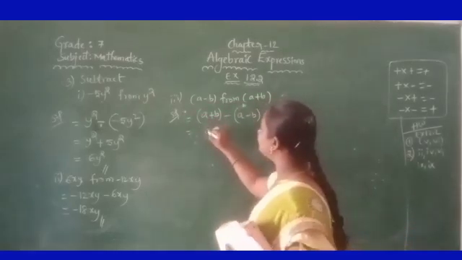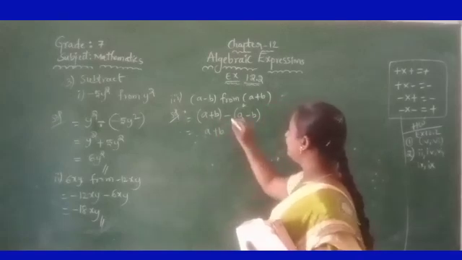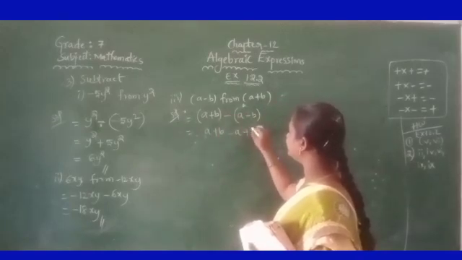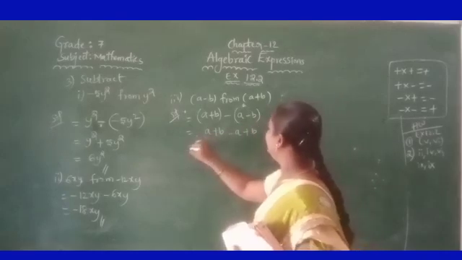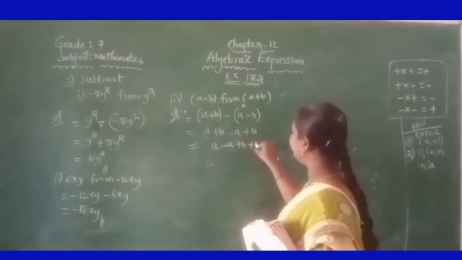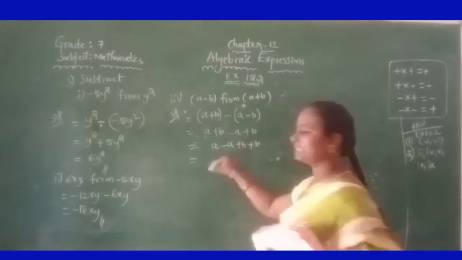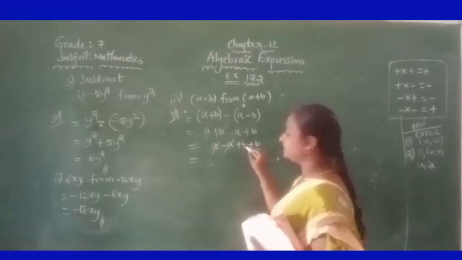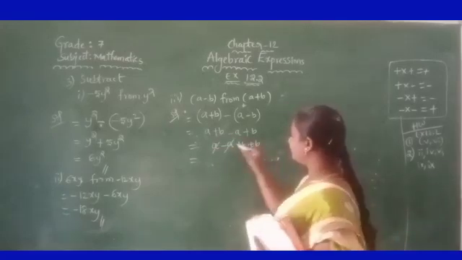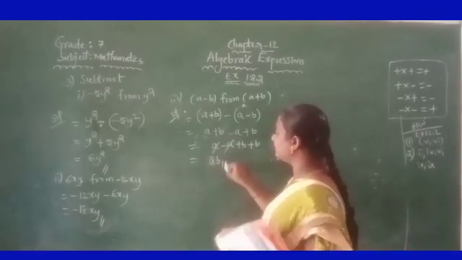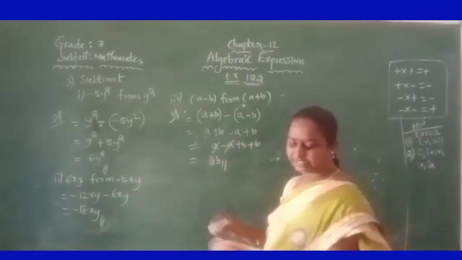Now simplify: a plus b, minus into plus is minus a, minus into minus is plus b. Now a minus a plus b plus b. So the like terms you write first: plus a minus a cancel, so that is equal to 0. That's why I cancelled. Plus b plus b equals 2b, right.